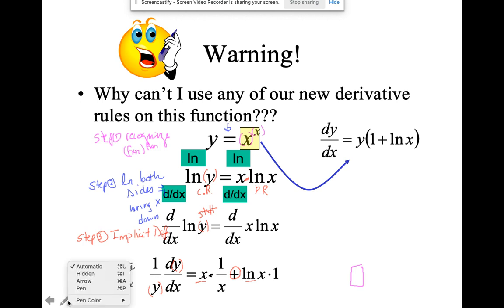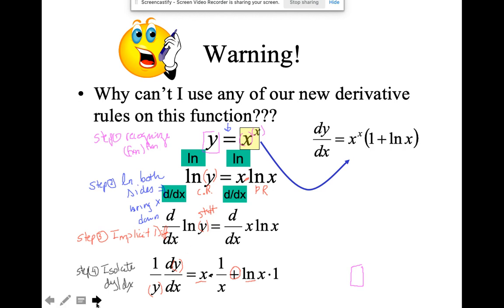You have y explicitly. You started with an explicit relationship. y is explicitly x to the x in terms of just x. So when you have that case, you can replace the y. You may distribute that if you want, but you don't have to. Most times these answers are left like this. Even in multiple choice, you'll see the original y out front.